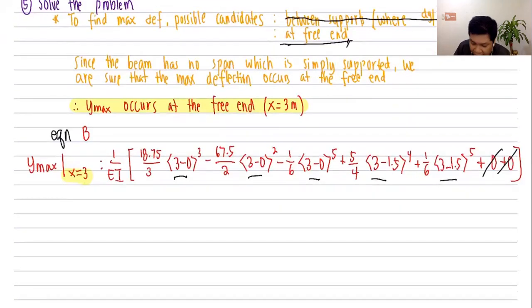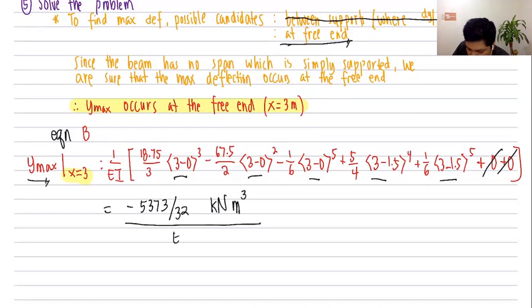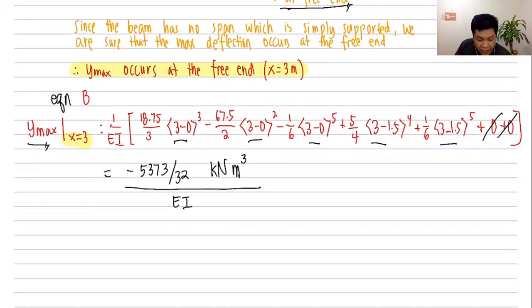Therefore, I need to evaluate, and you can solve it at home. Kindly double check with your calculators that if I evaluate this equation, that gives me negative 5,373 over 32. I didn't convert anything, so force length cube, because it's deflection, all over EI.